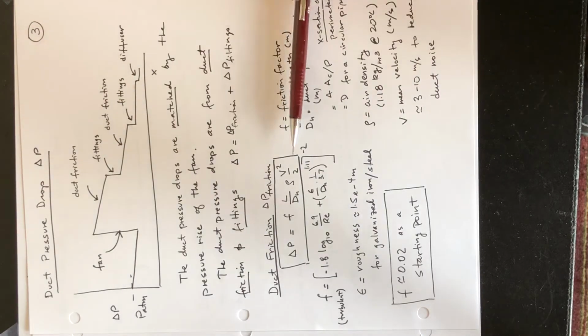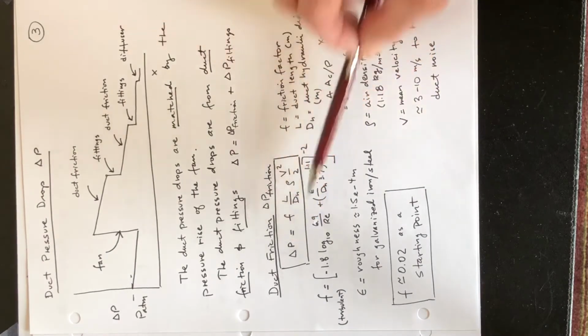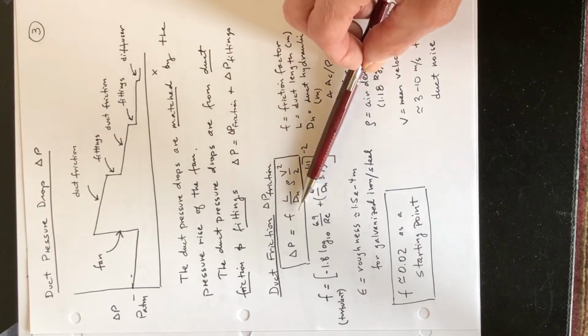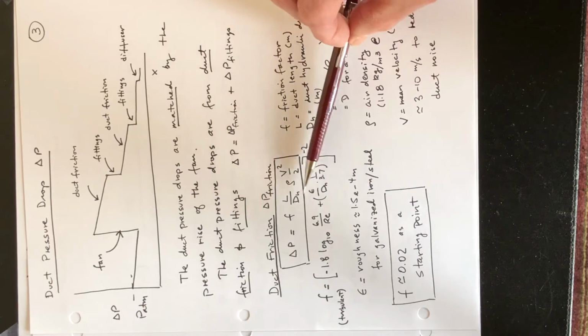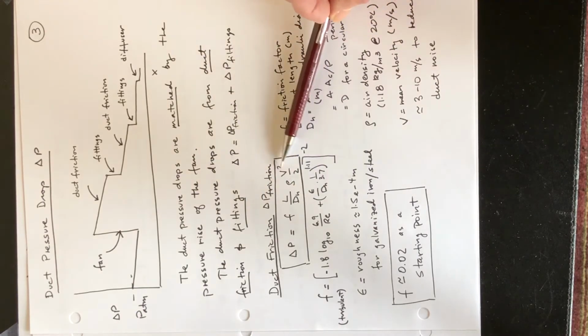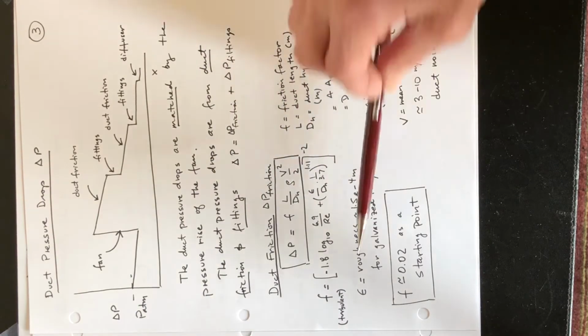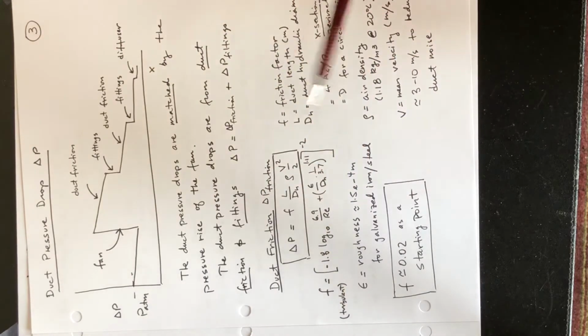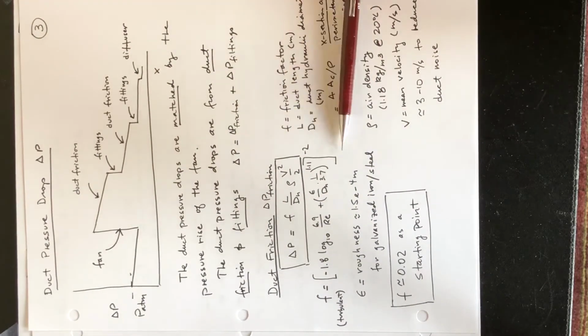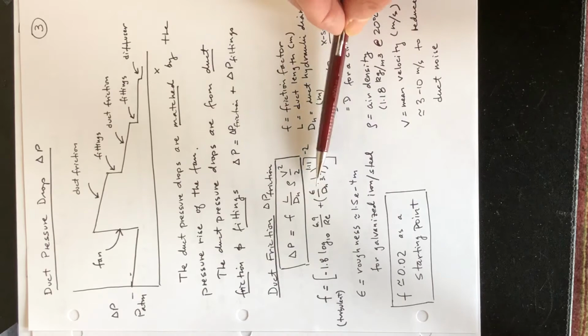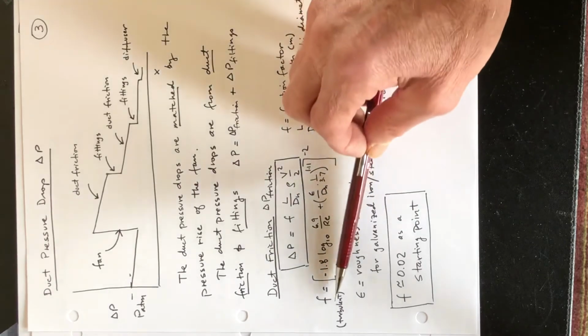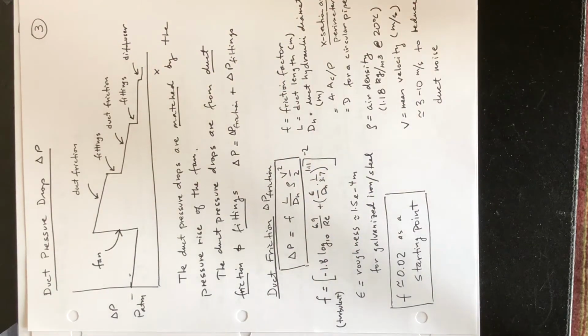So what you do is have an overall duct friction equation with the friction factor, length over diameter, density, and velocity squared. I got this directly from the fluid mechanics book: if we know the Reynolds number and roughness, we can get the friction factor for turbulent flow.